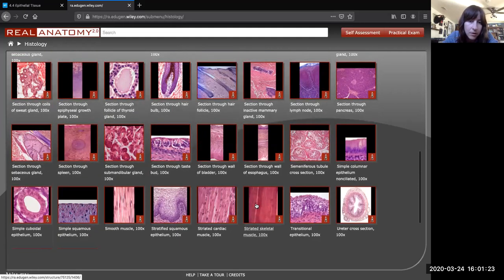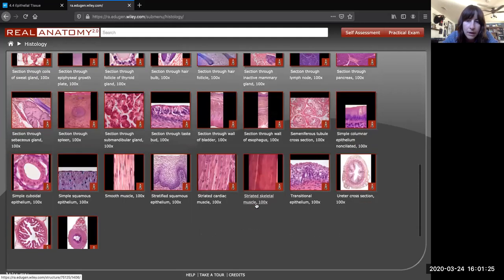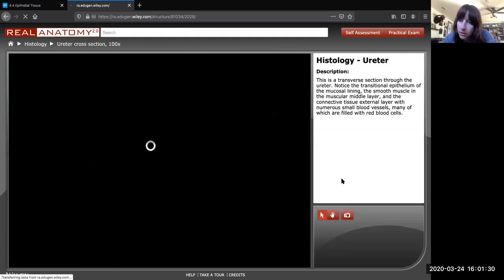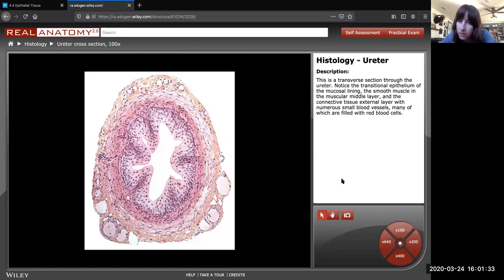It's lame. I'm going to have to get back to you guys on that. I'm sorry. Stratified columnar. I don't see a good example, so I'll have to find one for you and I'll email it to you.